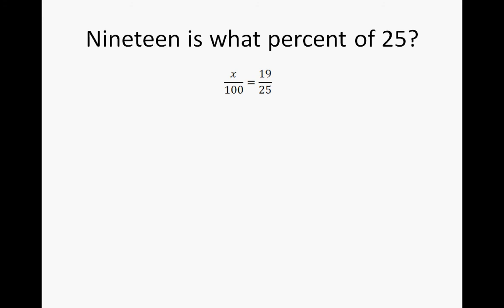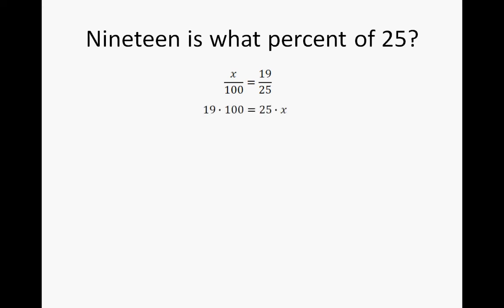So since we're missing what the percent is, we know that it's some number out of 100, and we know that the total partitions is 25, and the copies we have is 19. So again, some number over 100 is going to be the same as 19 out of 25.